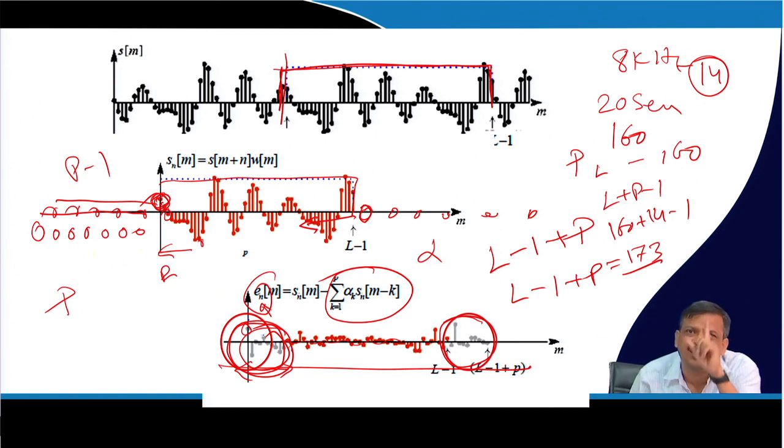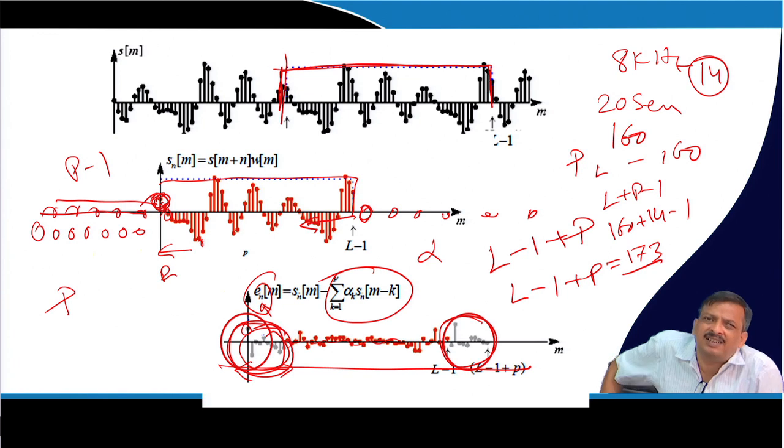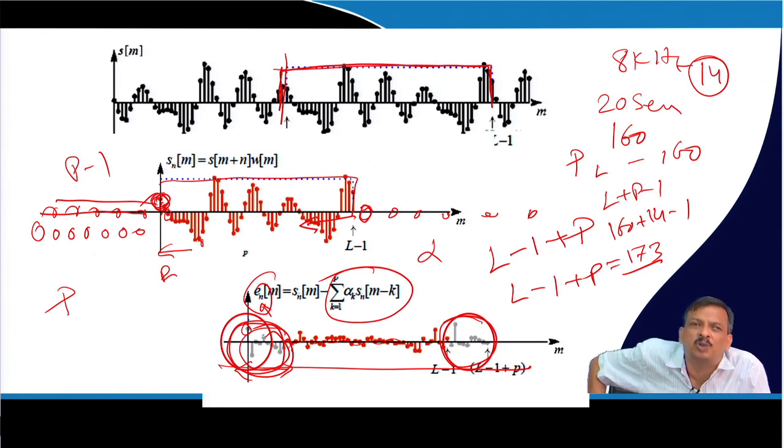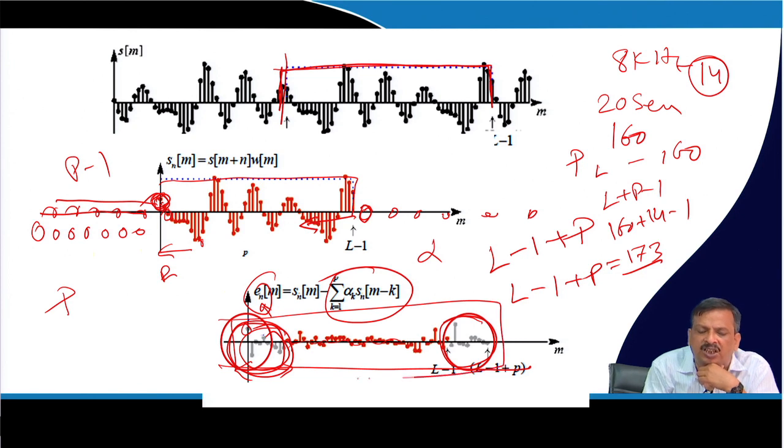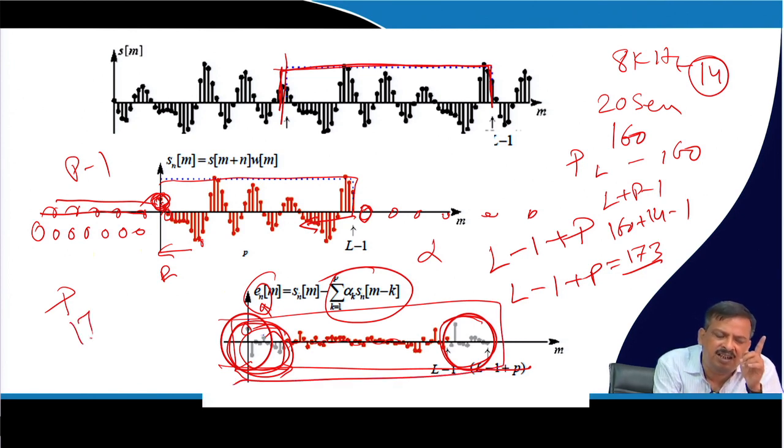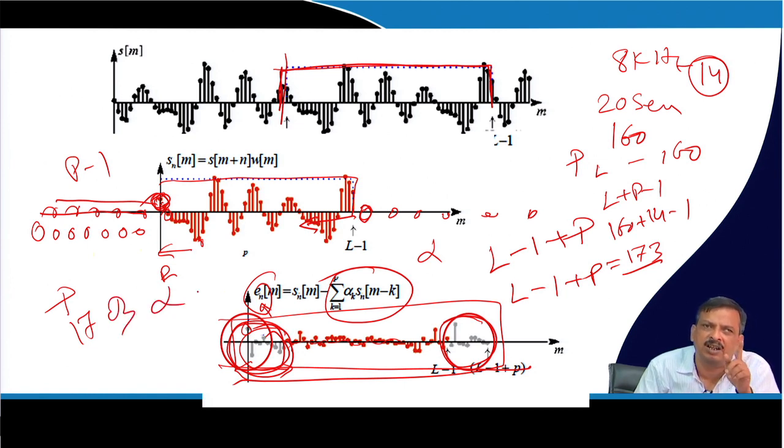Out of 160 sets, my job is to find the one set which will minimize my error. Or I can say out of 173 error positions, there are 173 sets of alphas, alpha 1 to alpha 14.